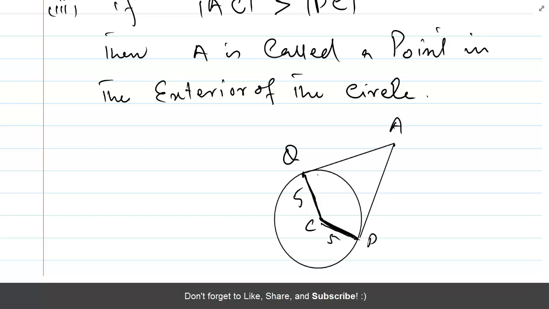So what do you think should be this angle? We have already established this fact in the property that the tangent AQ and the radius CQ make an angle of 90 degrees. The tangent is perpendicular to the radius at the point of tangency. And similarly for this other tangent AP, AP is the tangent and CP is the radius.